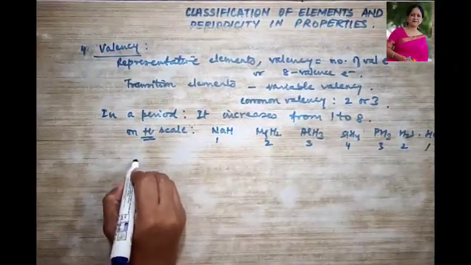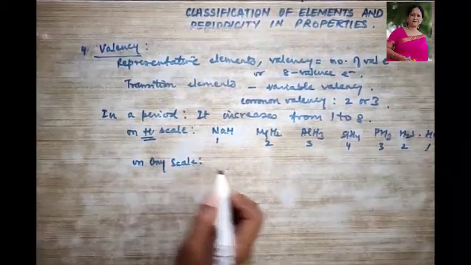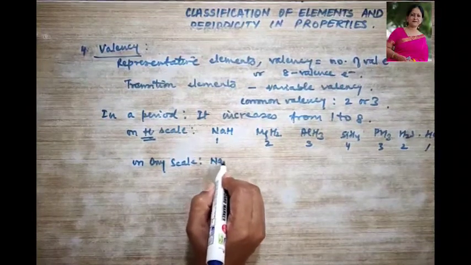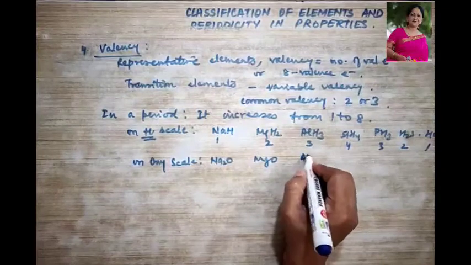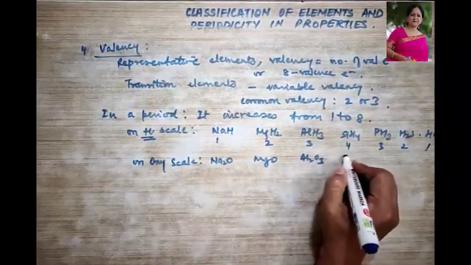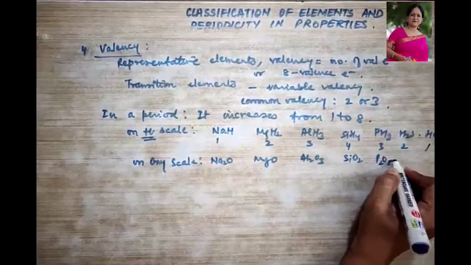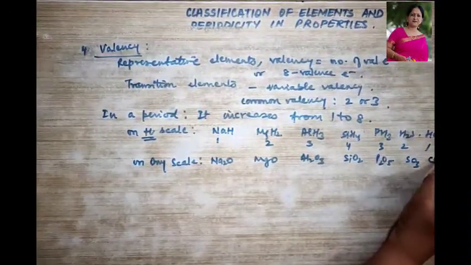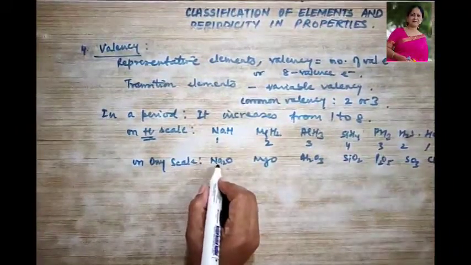Whereas if we talk about the oxygen scale, write down compounds like Na2O, MgO, Al2O3, SiO2, P2O5, then SO3 or Cl2O7. Now let's look at the valency over here.